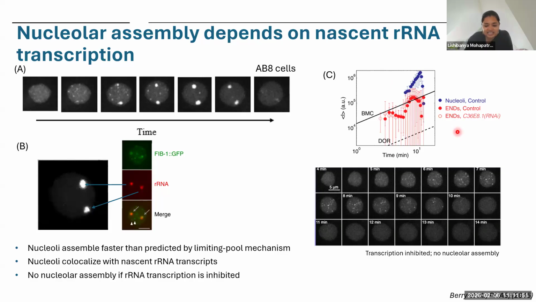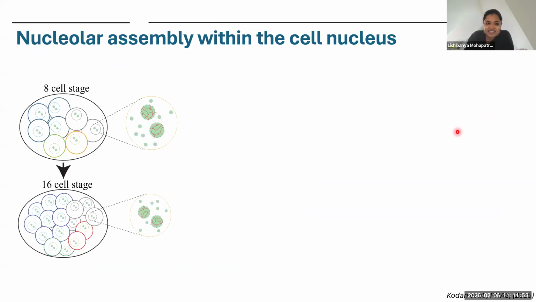So let's look at how the assembly looks through development. Specifically, we'll focus on 8-cell to 16-cell stage just because we had more data for this stage. And what we're going to do is look at the assembly kinetics of different types of cells. So these cells that are marked in blue over here are AB type cells. They're more numerous.